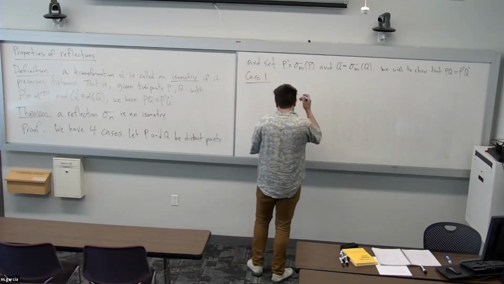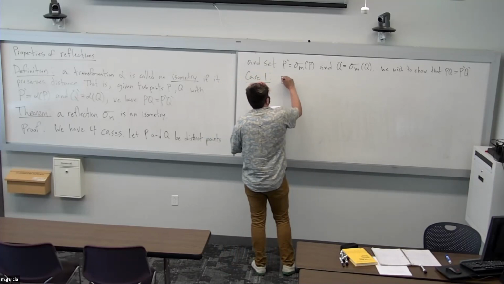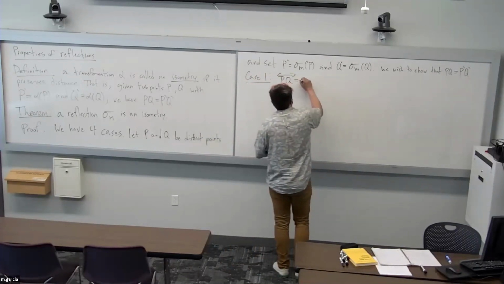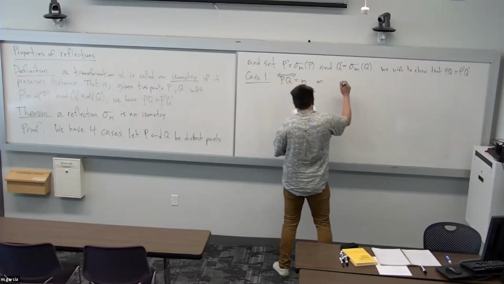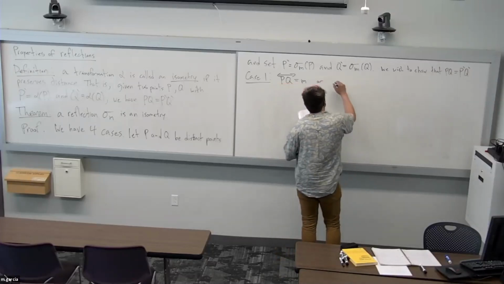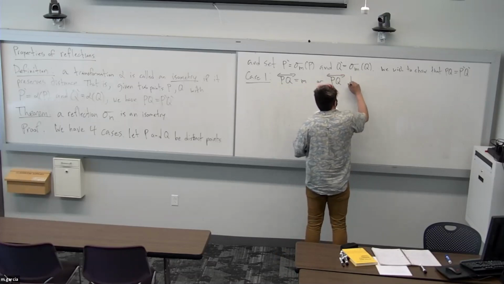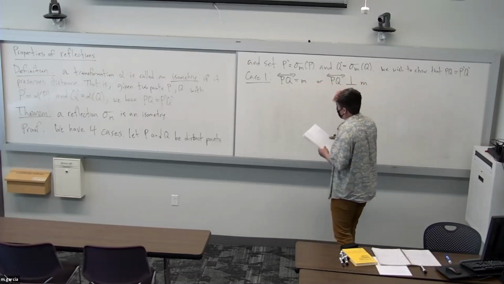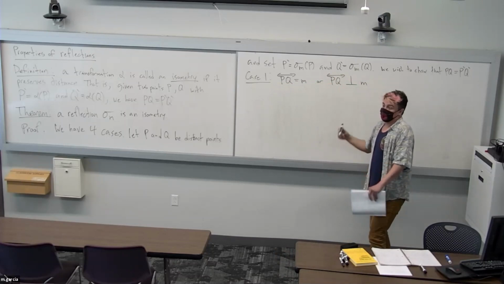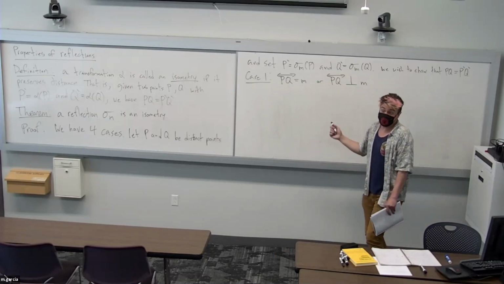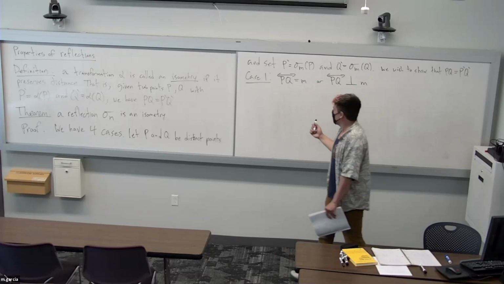First, we'll allow for the line determined by P and Q to be equal to M, or we'll allow for the line determined by P and Q to be perpendicular to M, i.e., the line determined by P and Q is some line that's fixed by sigma sub M. Okay?